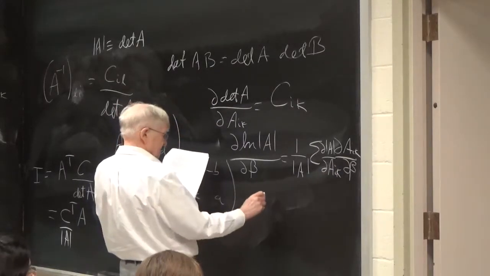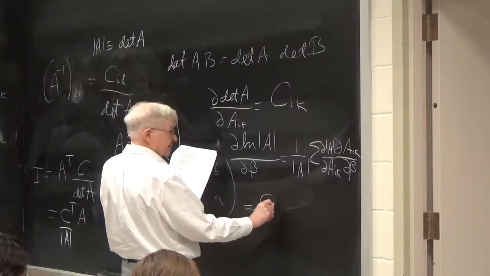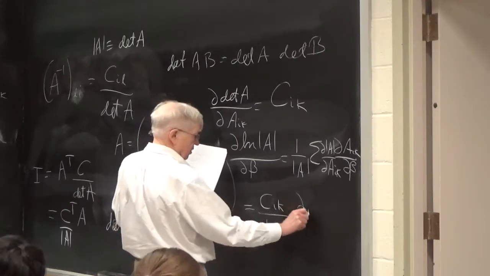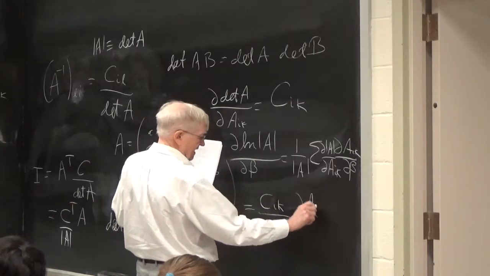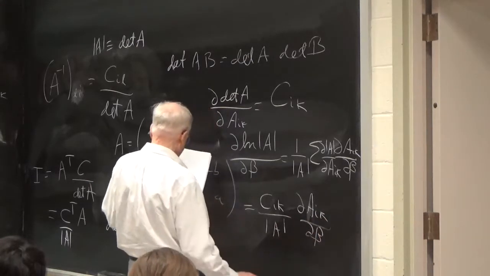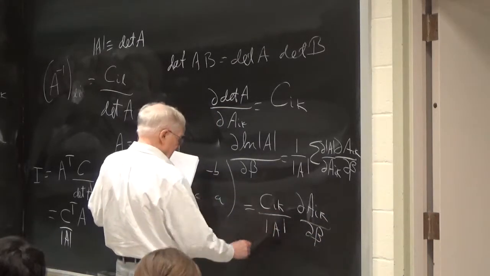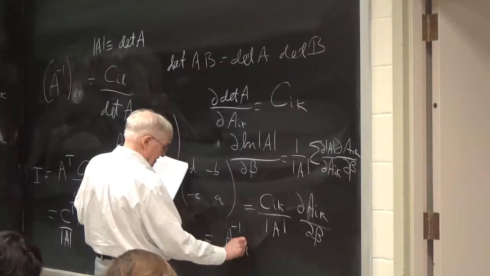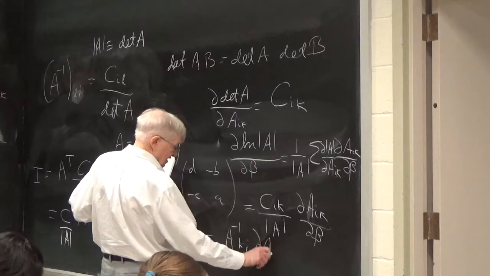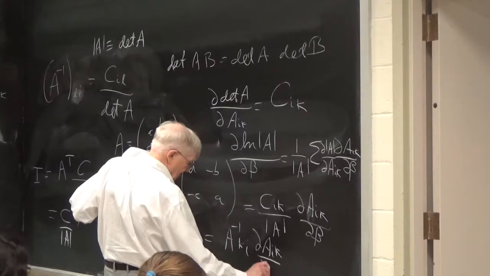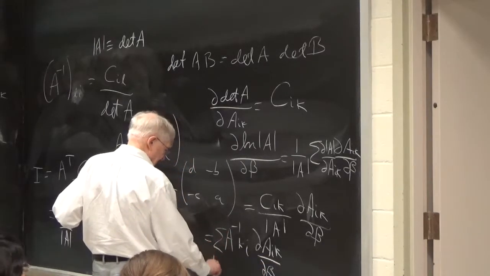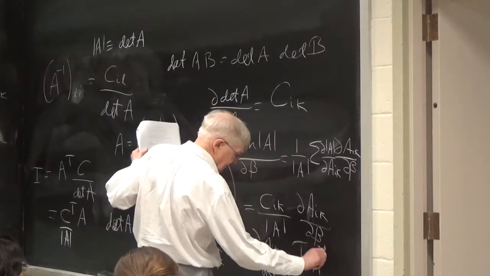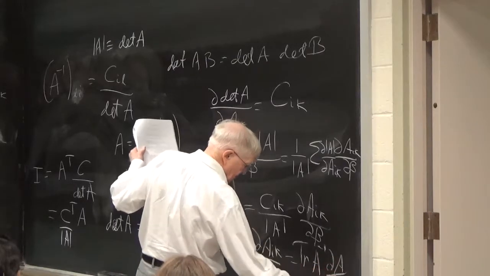That is c_ik over determinant of A, partial a_ik partial beta. This is A inverse, but ki, not ik, partial a_ik partial beta, and now we're summing over both i and k. But that's the same thing as the trace of A inverse partial A partial beta.